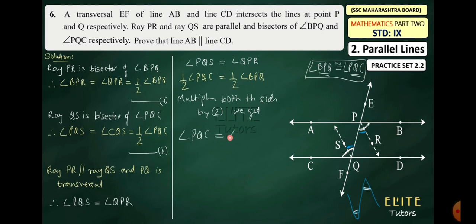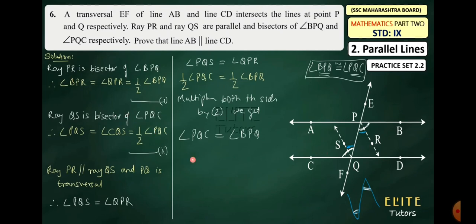What we had to prove, we have proved: these two angles are congruent to each other. So if these two angles are congruent, then lines AB and CD are parallel to each other by the alternate angle test.